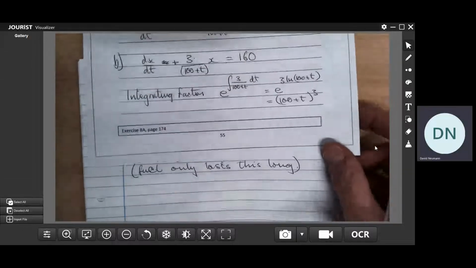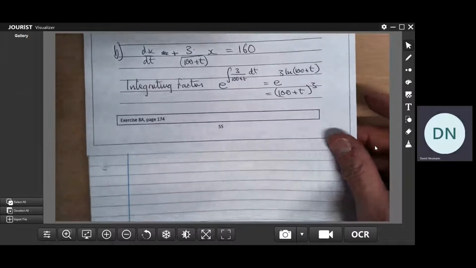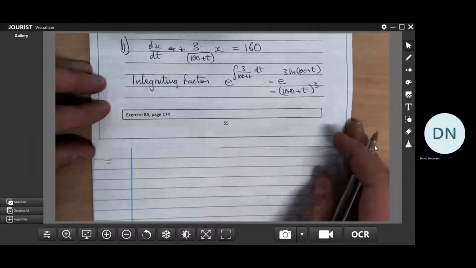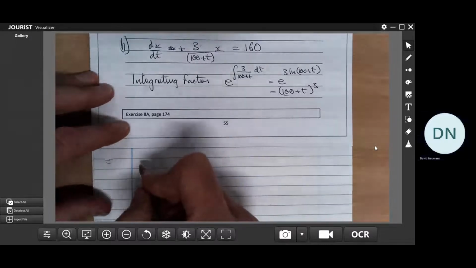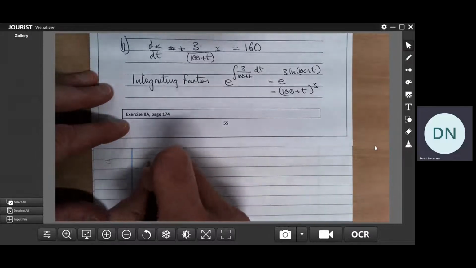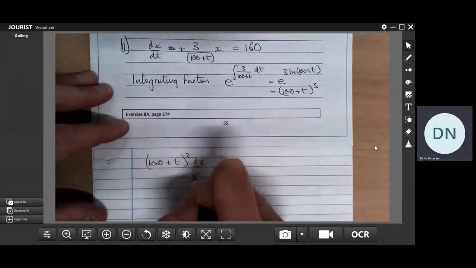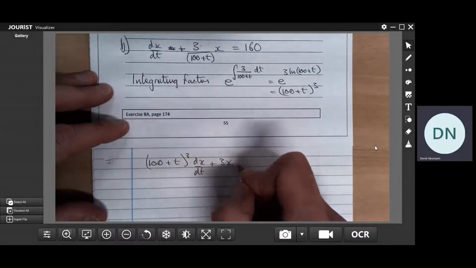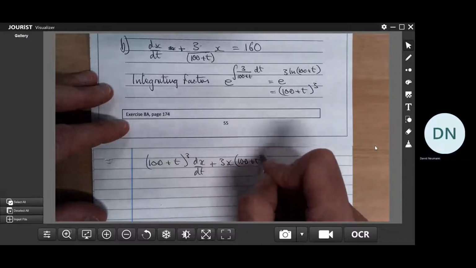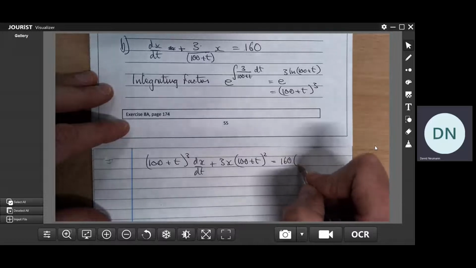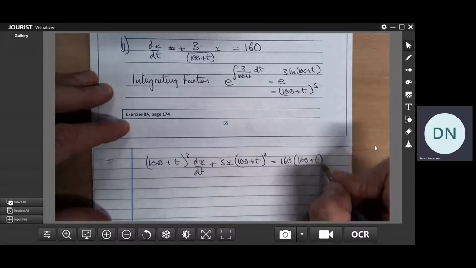I'm going to go to this fresh sheet of paper now. Continue the previous one, actually. So once we've got that integrating factor, we multiply through both sides by that. So we have 100 plus t cubed dx by dt plus 3x times 100 plus t squared is equal to 160 times 100 plus t cubed.